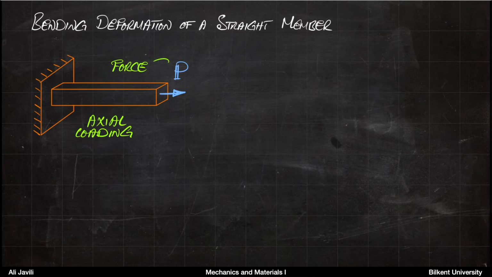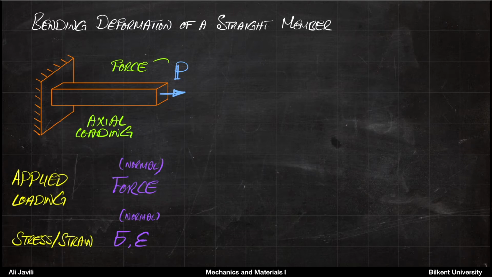For this type of application, the loading that we applied was a force, a normal force more specifically, and the type of stress and strain developed in the material was normal stress and strain.